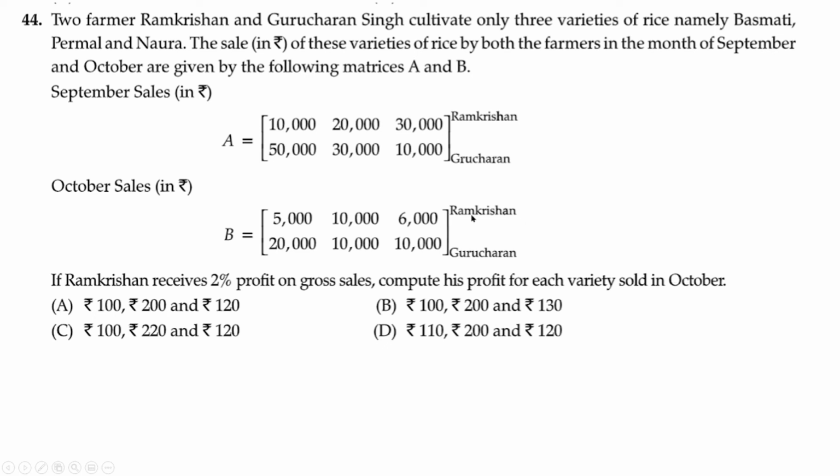So here we have the sales given for September and October for two farmers. We need to find 2% of this sales.